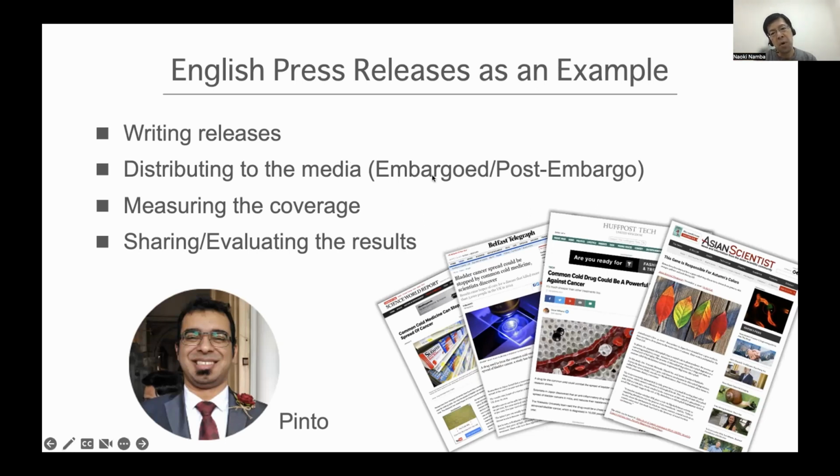And if it's post-embargo, it means you send out the press release after the paper was published. People in the media prefer embargoed press releases so that they can have some time to prepare.